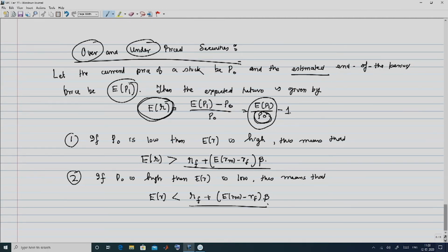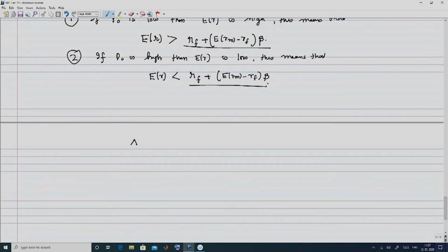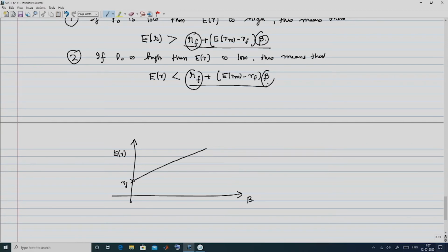Okay. So, what does this mean graphically? If I look at the expected return against beta, and this is my RF, this is a straight line. Remember that this is a straight line with intercept RF and slope E of RM minus RF, with the variable beta as the x axis, and E of R as the y axis.